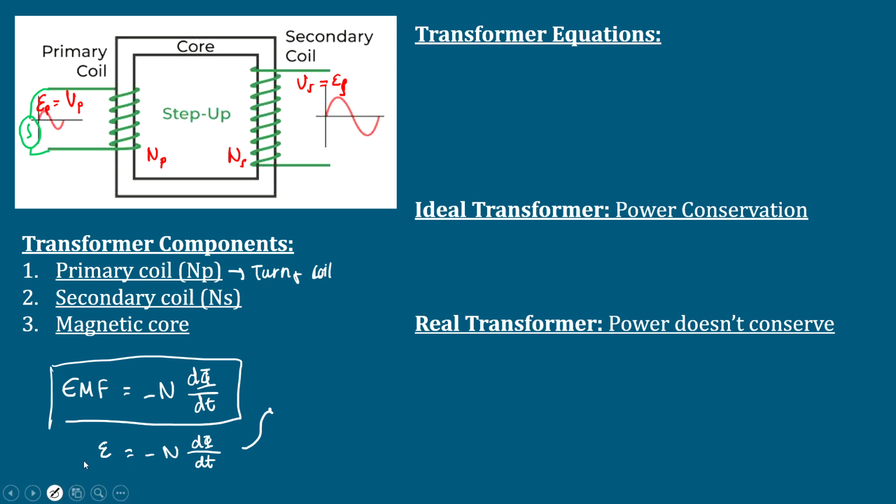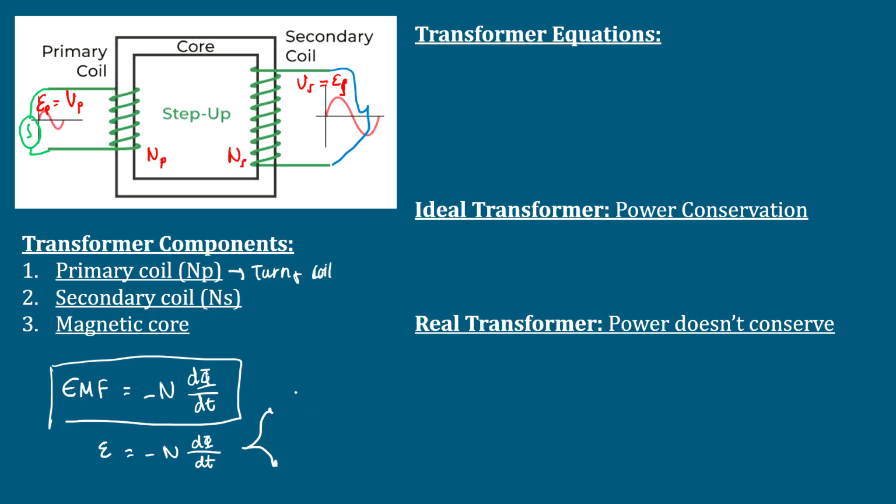For the right side, we have the secondary coil connected to a device, something like a lamp, or some electronic device that needs stepping up. An electronic device may need the step down transformer. So we have two kinds of circuit there, and we will have two different equations.